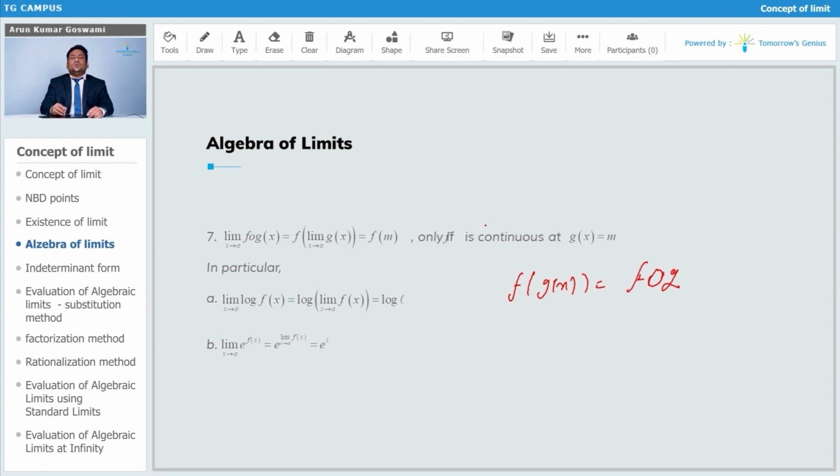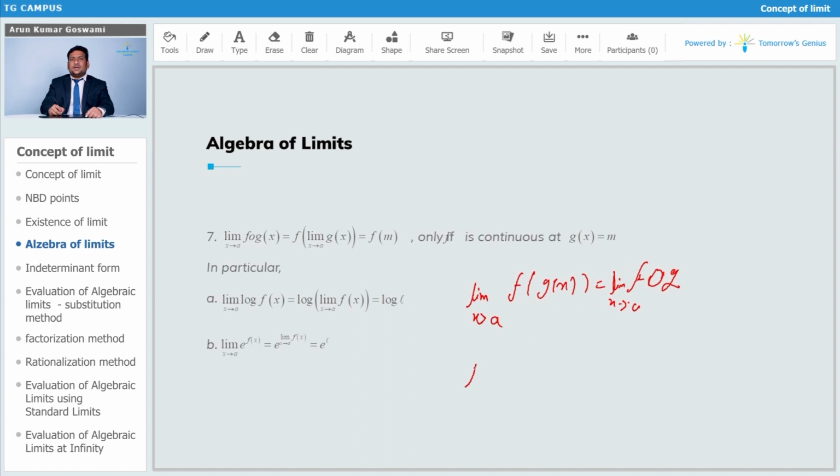Okay, so you can see here limit x tends to a, and here limit x tends to a.